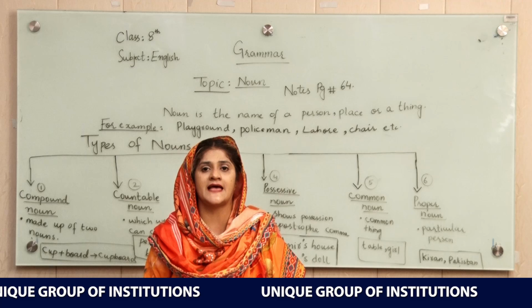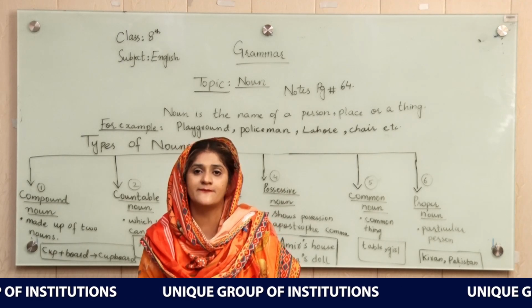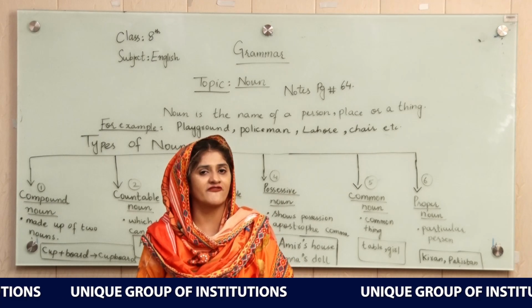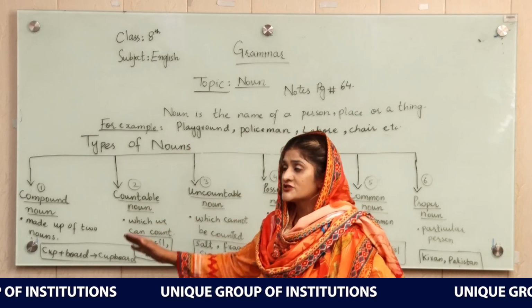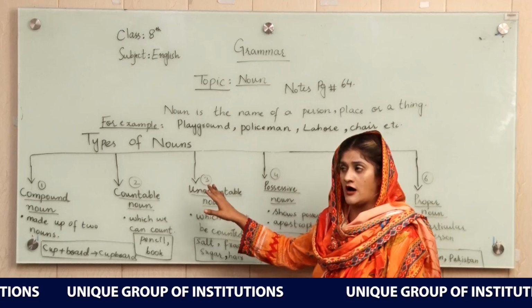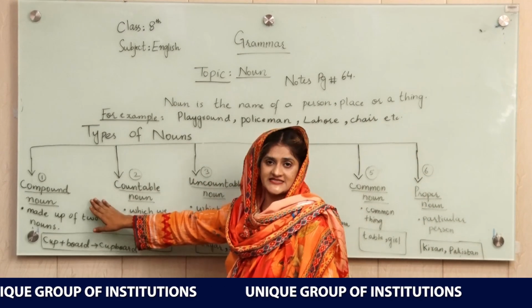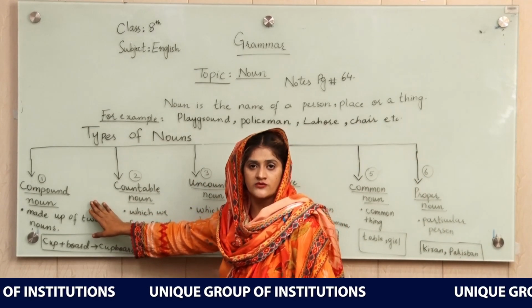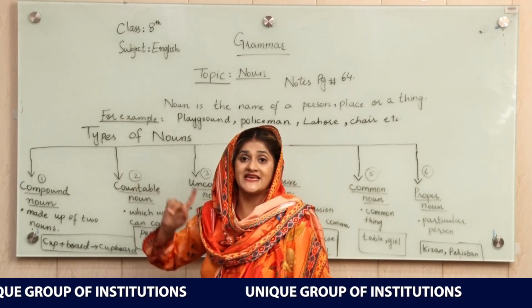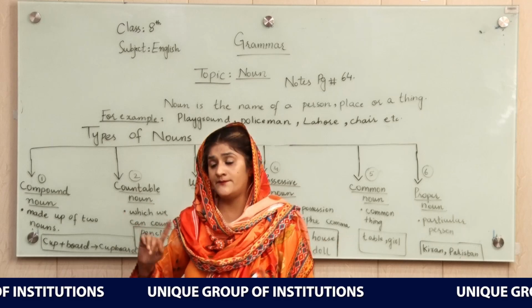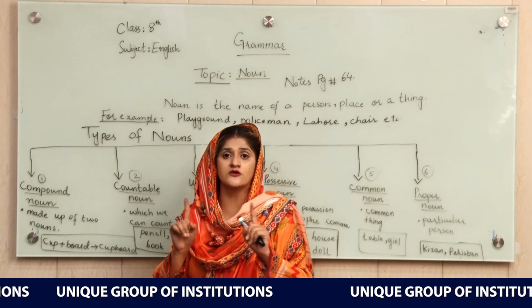I have written the example of playground and policeman. You can write down any name of a person, place or thing. So let's start with the types of nouns. First type of noun is compound noun. The title itself is telling you what it is about. It is about making two nouns together.